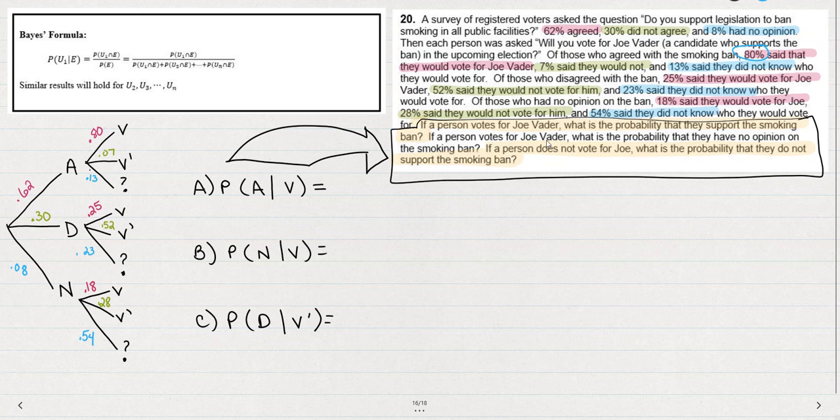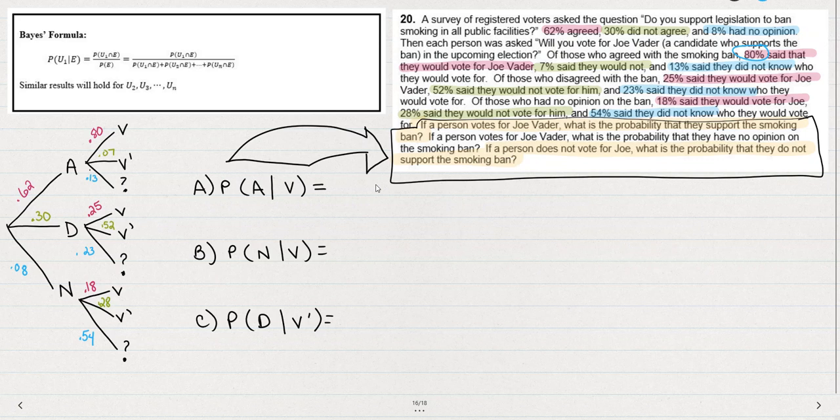And if the person votes for Vader, what's the probability that they had no opinion about smoking? And then if a person doesn't vote for Vader, what's the probability that they don't support the smoking ban? Well, I'm going to try this first one, and then I'm going to leave the other 2 for you. I'll give you a little bit of guideline on it so that you can check your responses.